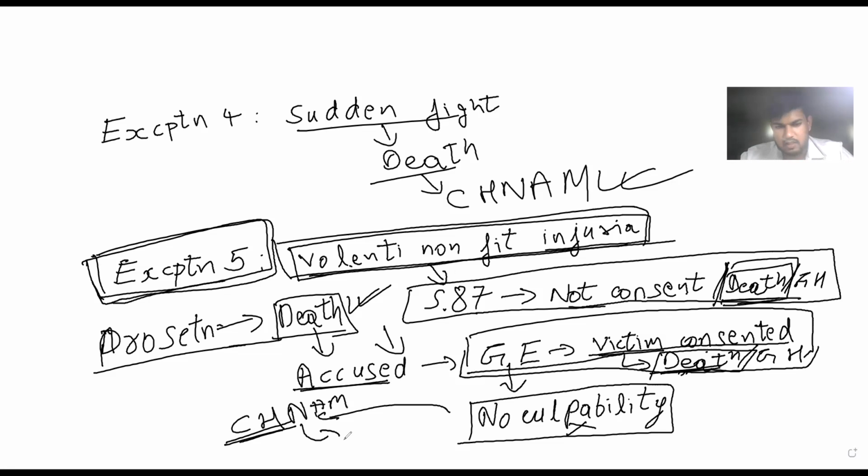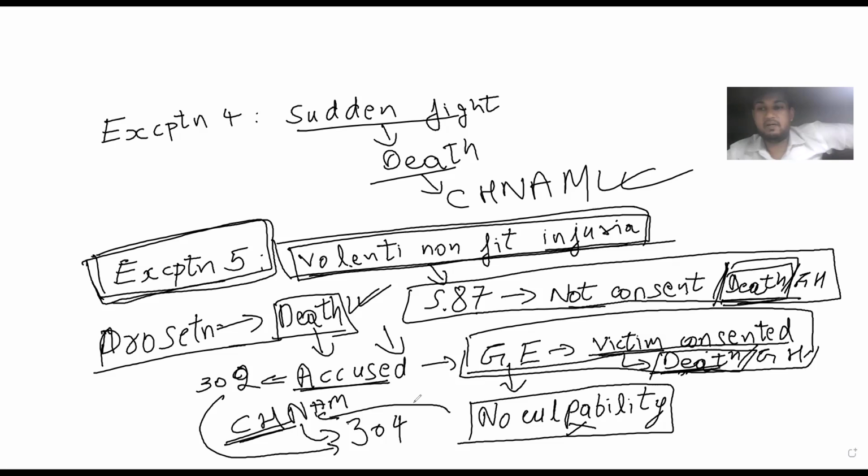Hence the culpability which was in section 302 will now get reduced to section 304, and it will fall in para 1 or para 2.